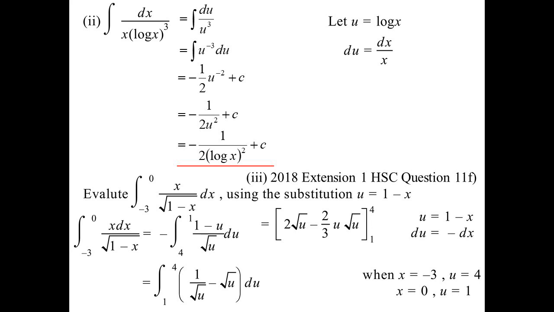So I'm going to get, the root u is u to a half, add 1 to the power, 3 on 2. So it'll be 2/3 u root u. So u to the power 3 on 2. Sub in the 4 minus sub in the 1, negative on 3.